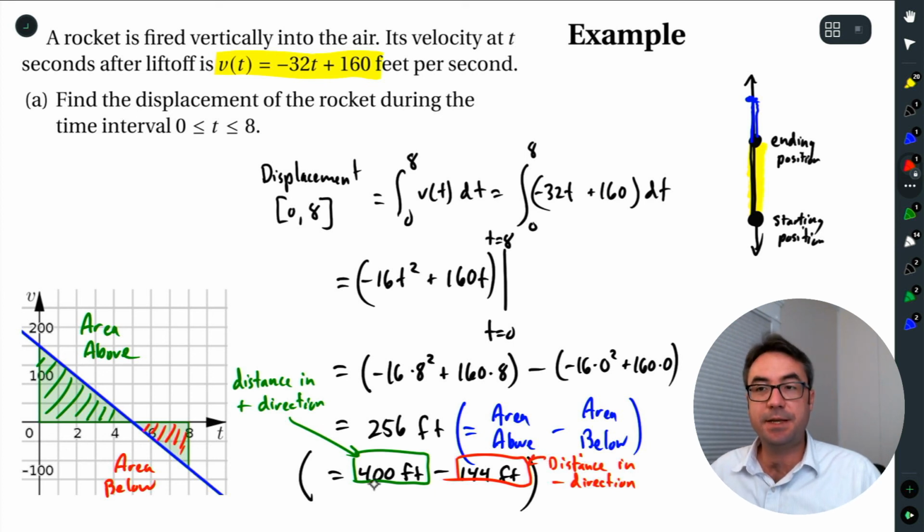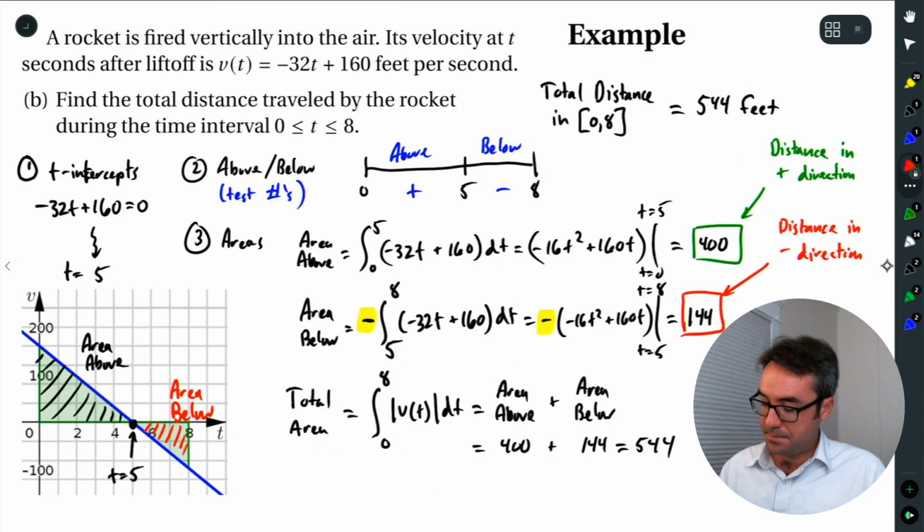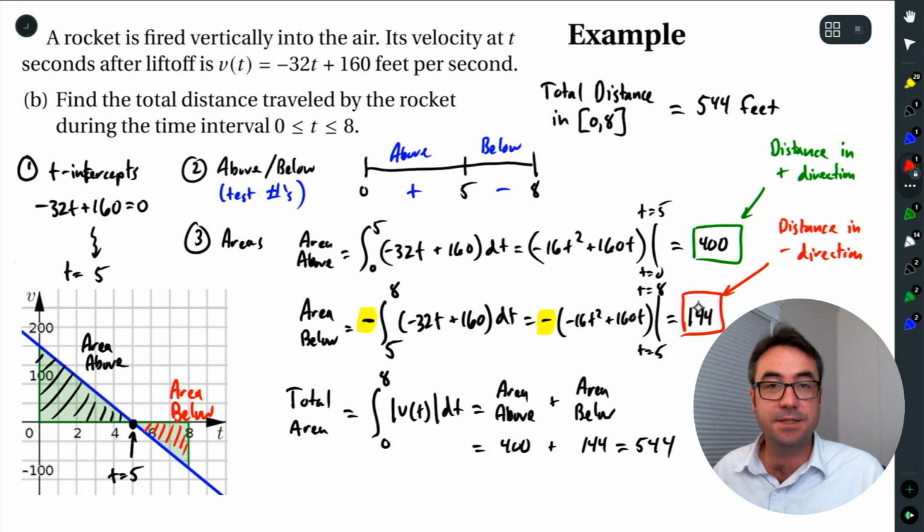So displacement is the distance we travel in the positive direction minus the distance that we travel in the negative direction. Another way to think of it is area above minus area below. The total distance that we travel is just the distance in the positive direction plus the distance that we travel in the negative direction. Or if we're thinking of it in terms of area under the curve, it's the area above plus the area below.